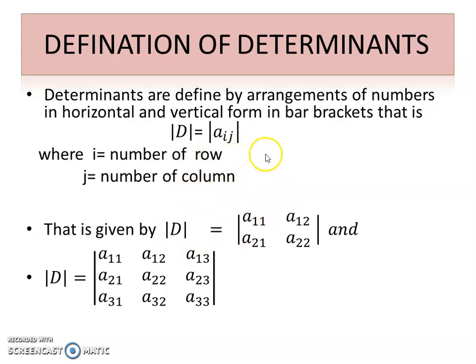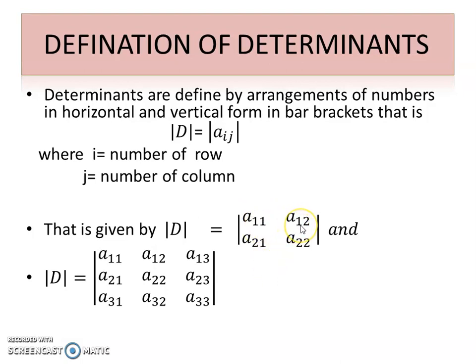In the 10th standard, the definition of determinant is that any numbers are arranged in a pattern of rows and columns in a bracket, which is the bar bracket. Suppose we start from the first element, A11, which indicates first row and first column.